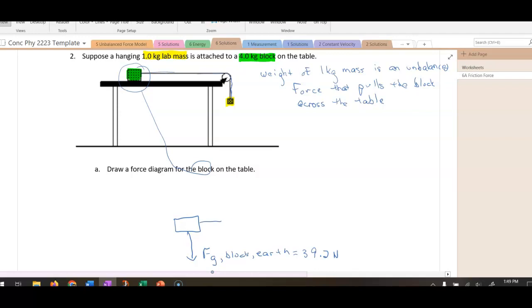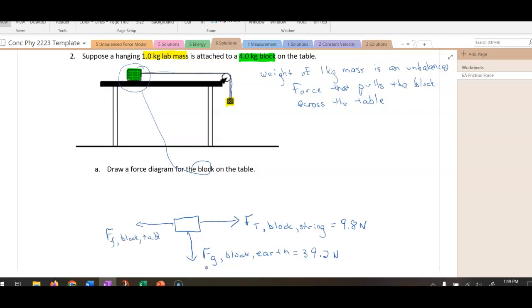It's being pulled by the string, and the string has a tension force which is equal to the weight of that 1 kilogram lab mass. And so that would be 1 kilogram times 9.8. It would be 9.8 newtons. Let's see. There's probably some friction on this table.